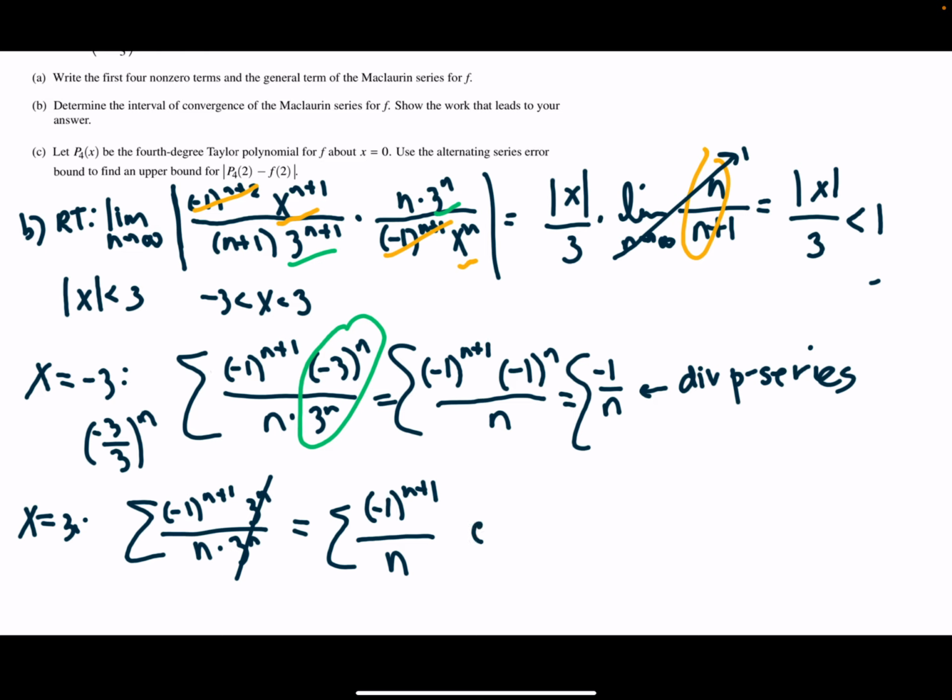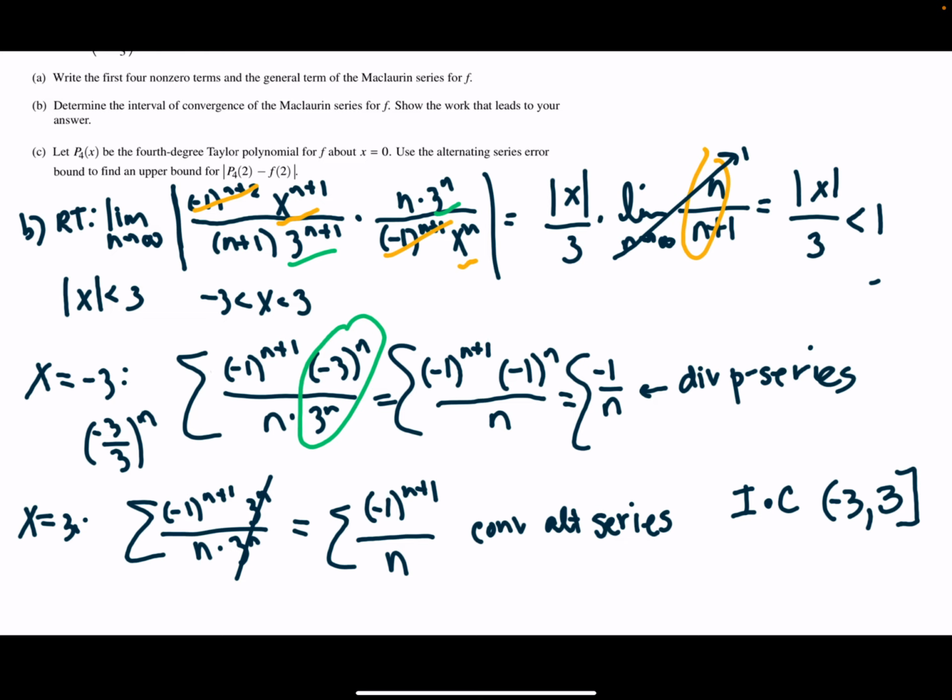So this is a convergent alternating series, which is all you need to write for AP on this. Therefore, the interval of convergence goes from -3 exclusive, I don't include -3, to +3 inclusive. That is my interval of convergence.